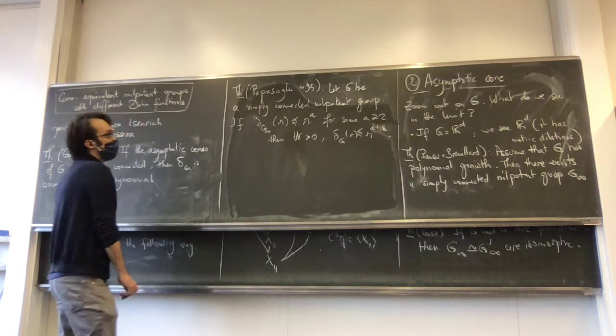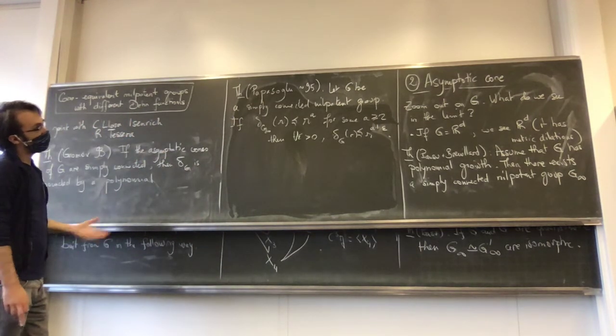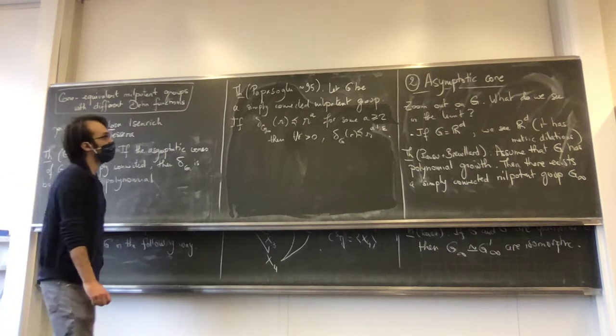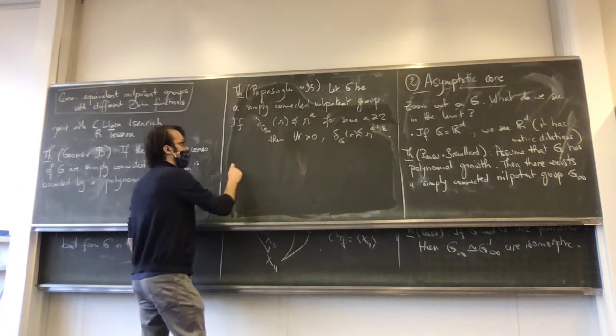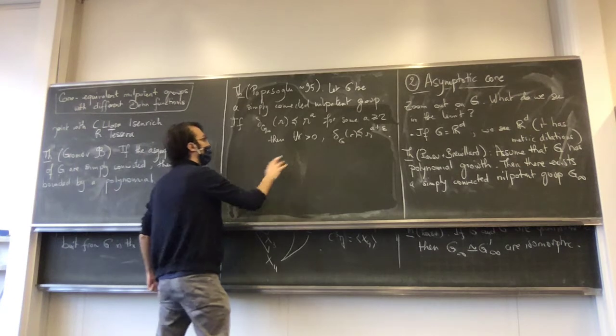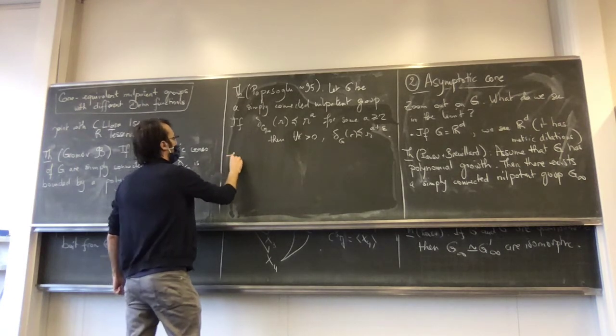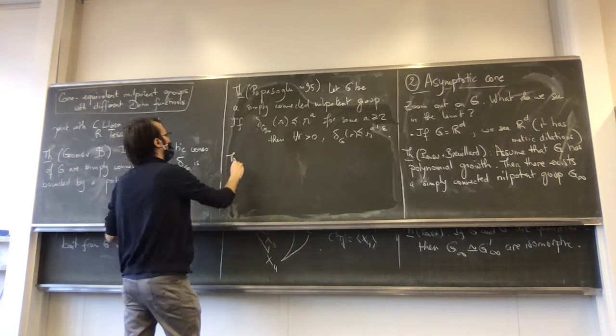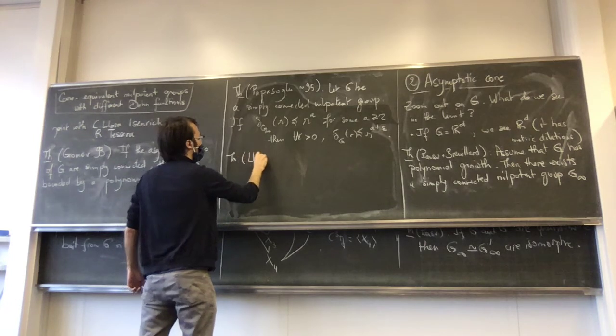So using the Dehn function of the asymptotic cones tells you something about the Dehn function of the original group. Here our result is that this is optimal in some sense, because we cannot go in the other direction.